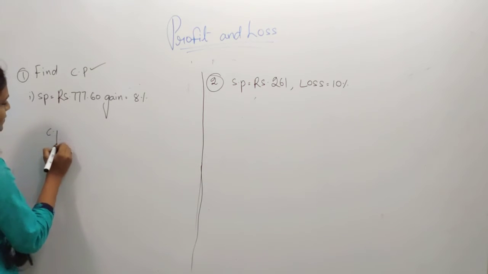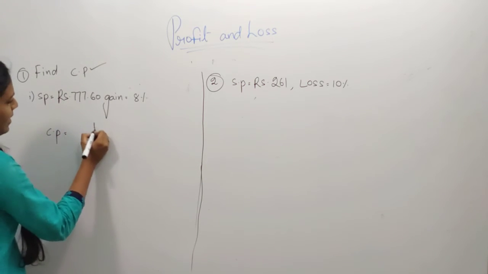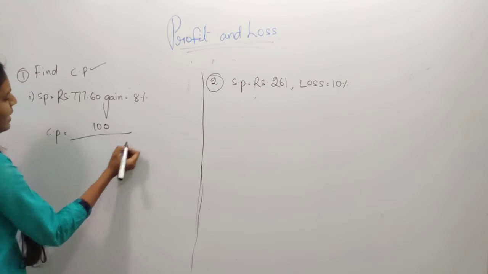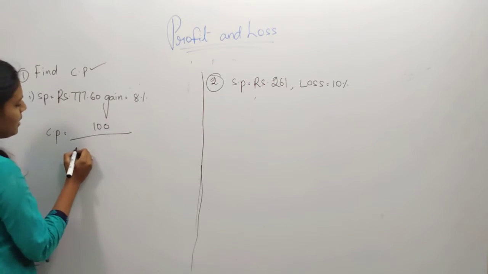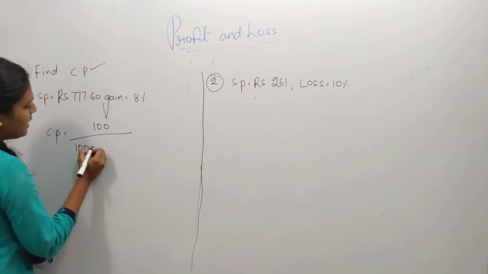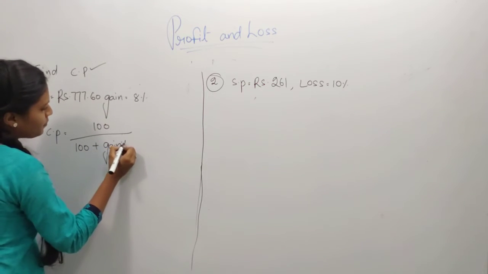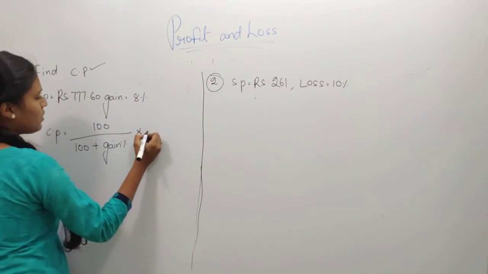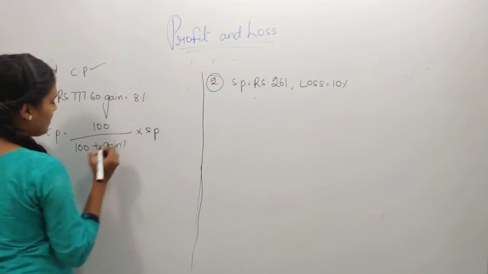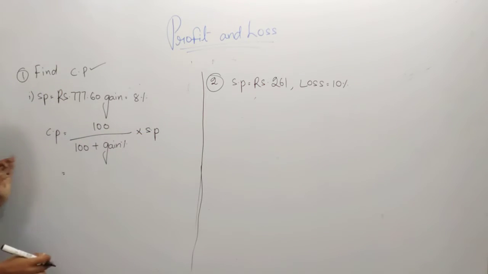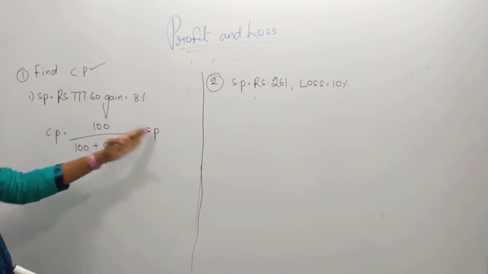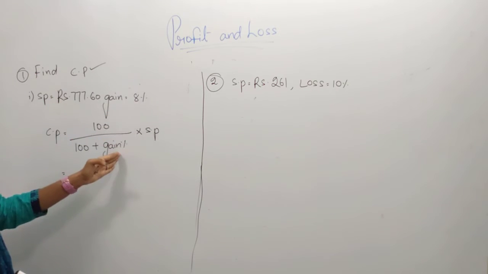What is the cost price formula for gain? 100 by, quite opposite to the SP. What is the formula? 100 by (100 plus gain percent) into SP. Then already SP is given here and gain percent is also given.